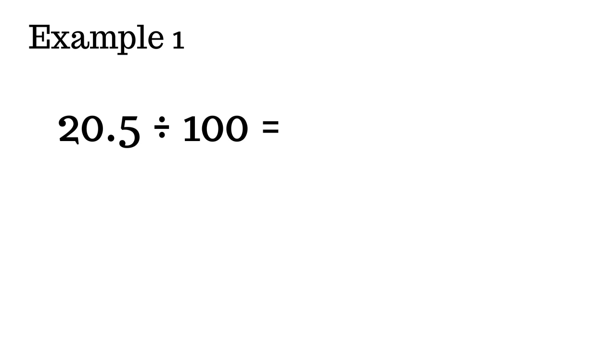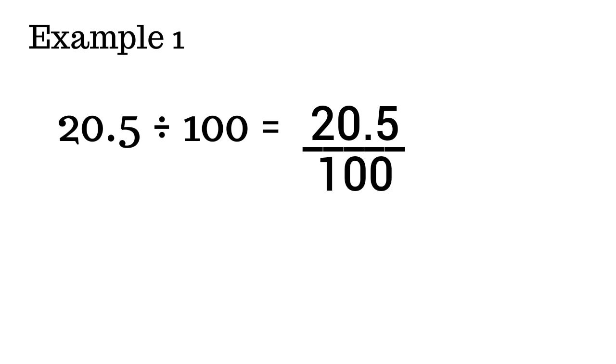Example 1. 20.5 divided by 100. This can be written as 20.5 over 100. Because we are dividing and 100 has two zeros, we will begin from the decimal point and count 2 times to the left.